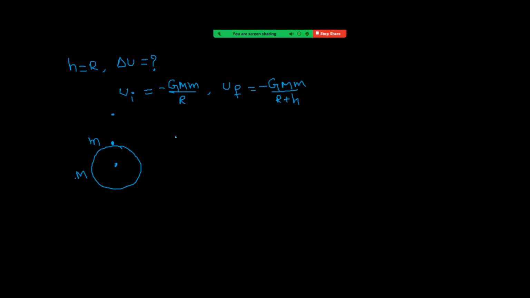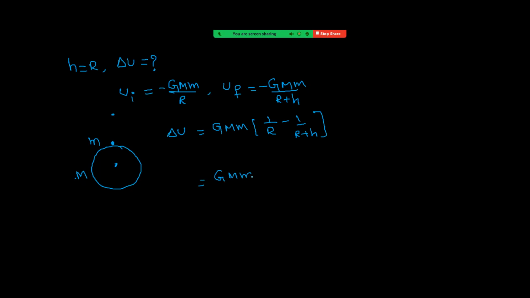Okay. Now see what is delta u. Delta u equal to final value minus initial value. Here the final value is more because of the negative sign. Okay. Therefore final value minus initial value. I am taking G M m outside. Remaining is now 1 by r minus 1 by r plus h. Okay. Then see what we get here.